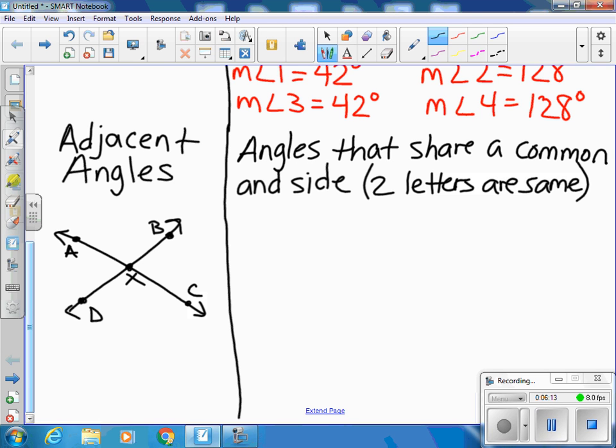So just go ahead and start with one. If you start with angle AXB and you want to find out who's adjacent to it, pretend there's a house right here, and that's you. You want to figure out who your next door neighbor is. Well, you've got two of them, so angle AXB is going to have two adjacent angles, but you're going to have to list them separately. So we'll list angle AXB twice.